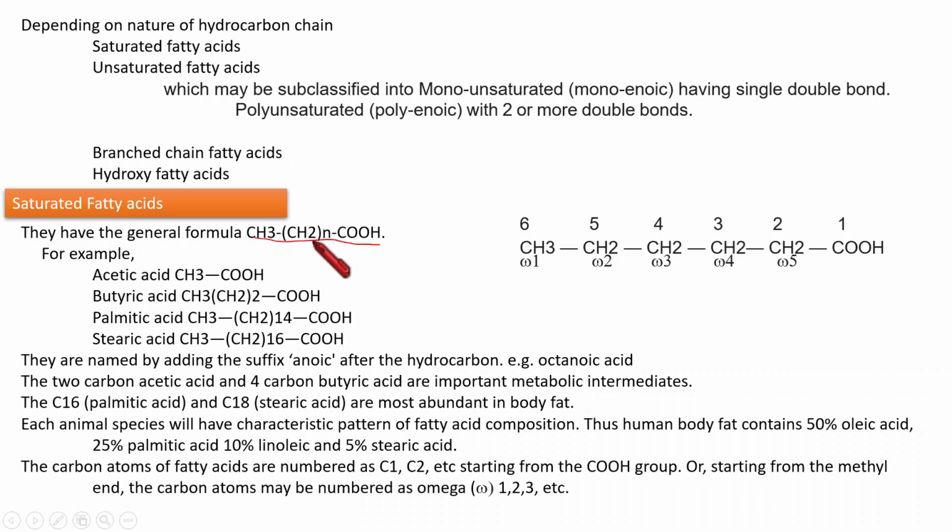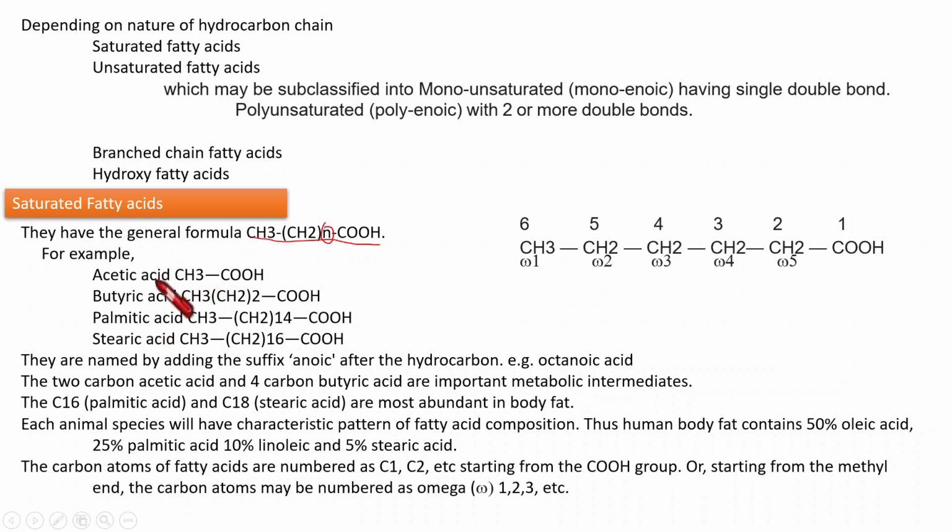So we are giving an n here; it can be any number depending upon the length of the hydrocarbon chain. This is the functional group, and this is the other end of the fatty acid chain.